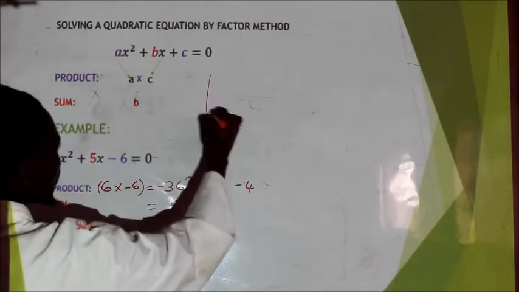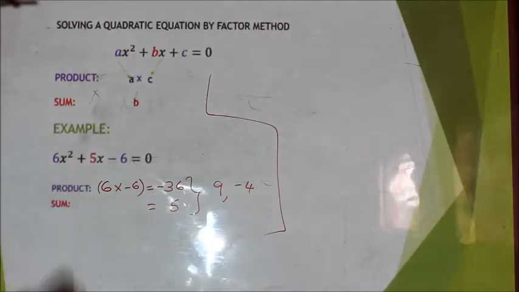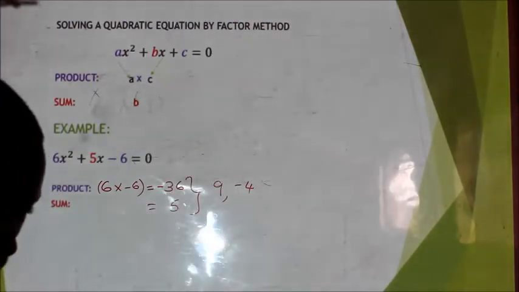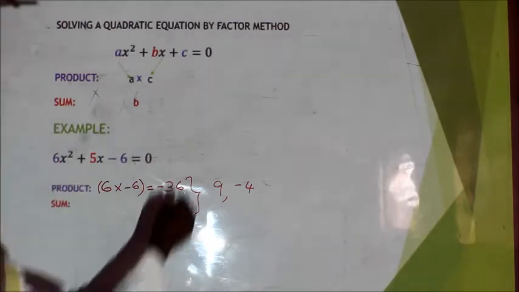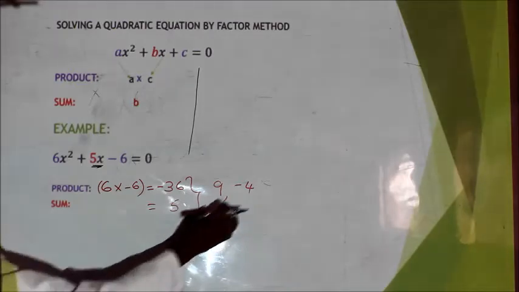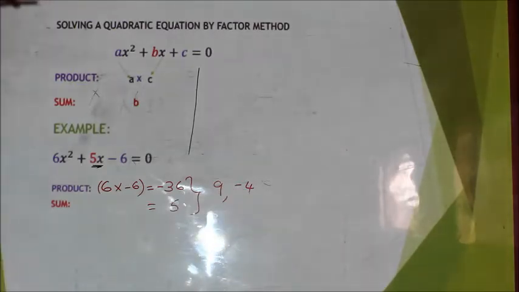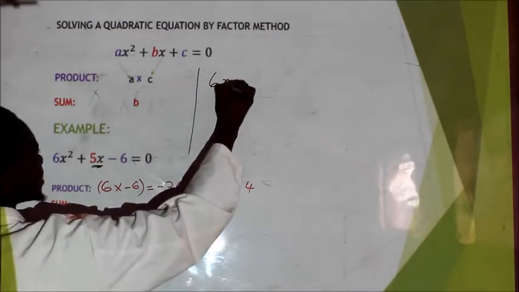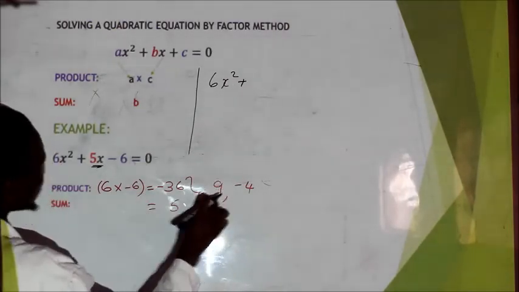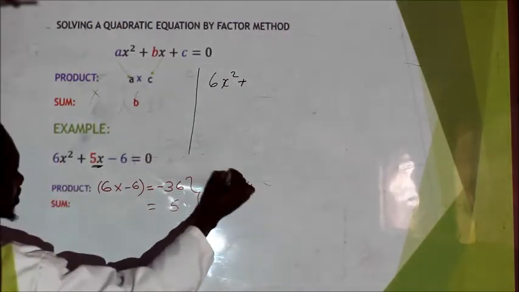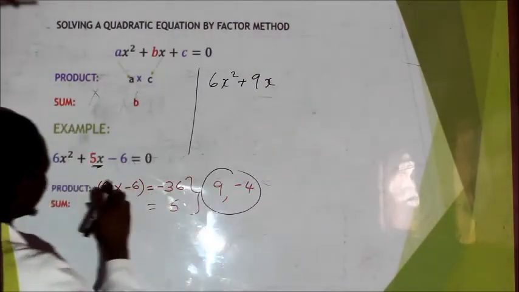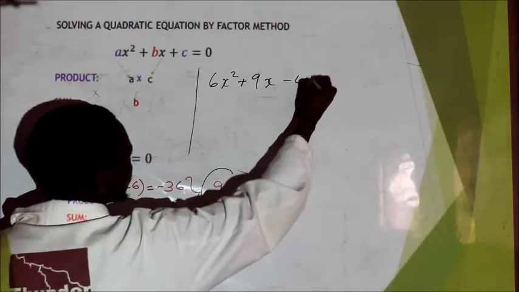So what I'll do, you now come to your equation and you decompose the middle part. You break down that middle part using the two factors that you have there. So I'll write 6x squared plus, now instead of writing 5x, you use these two numbers, plus 9x minus 4x.